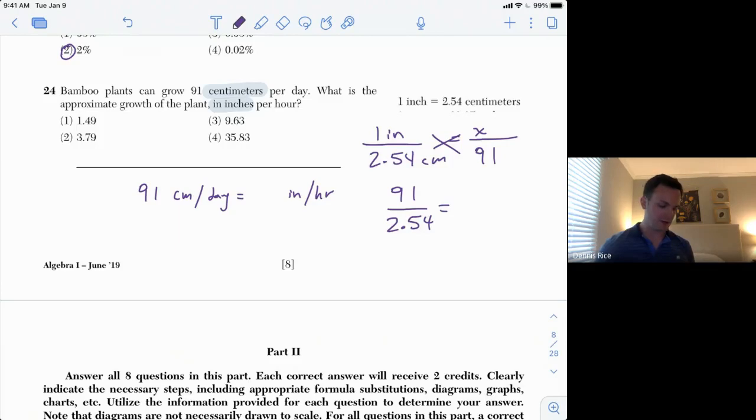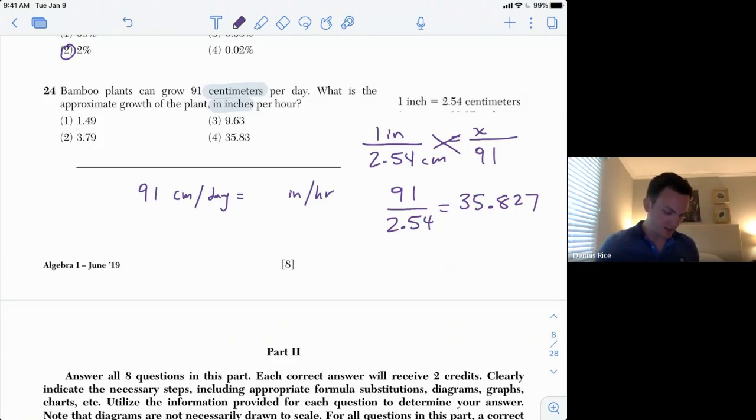We have to worry about time as well, but this will at least give us the right amount of inches. 91 divided by 2.54 is about 35.82. I'm going to round a little bit. This is approximate. About 35.827 inches. Now that's per day.